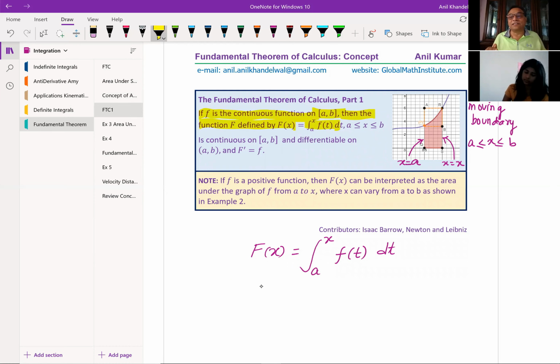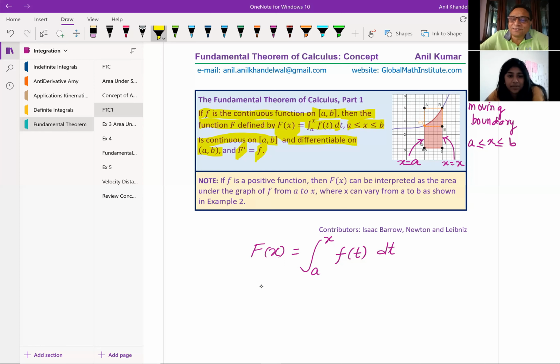We can integrate it into area, right? So F of x is the integral from a to x of f of t dt, where a and b are your closed intervals. So x is anywhere in between a and b. Second, it is continuous within a and b, and it is also differentiable in the open interval of a and b, right? So the key idea here is we can now find the integral. We know it is the antiderivative of the function.